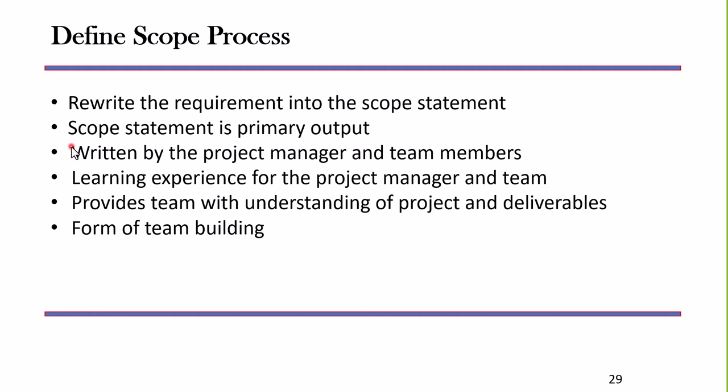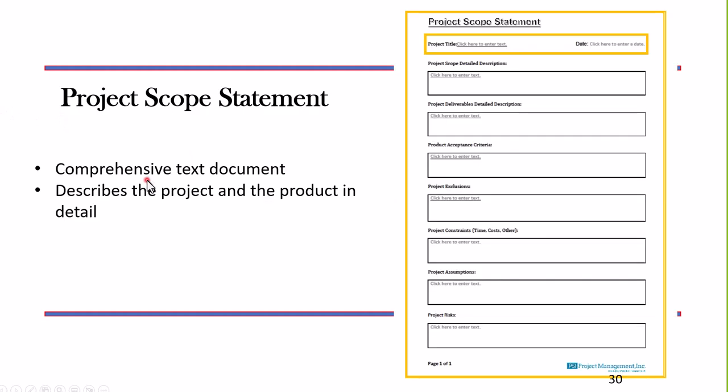And my team members, I want them to take ownership of this project. I don't want them to think of it as Roy's project. I want them to take ownership and say, this is my project. And this is one of the ways that we can do that. This is our understanding of what this project and the deliverables are all about. Very important that our team is involved with us there.